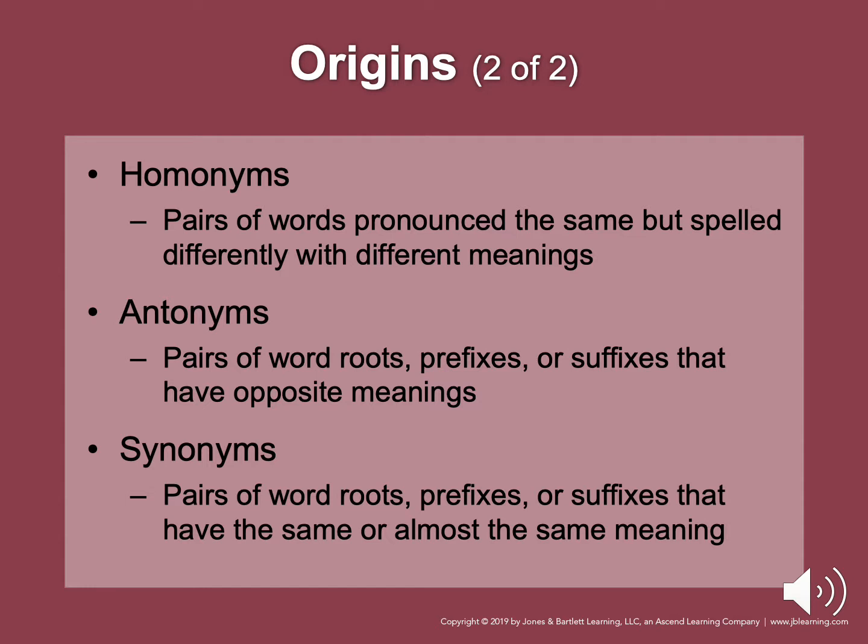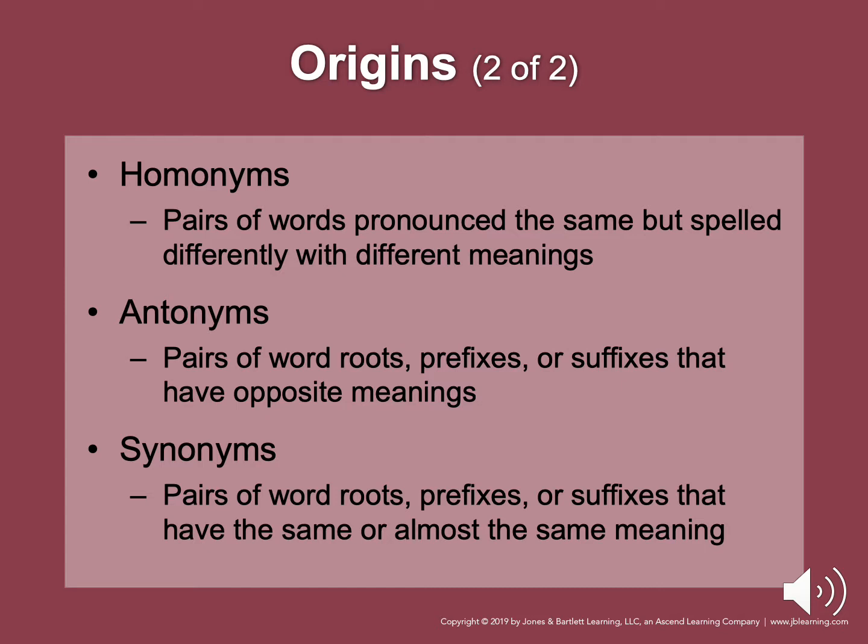Homonyms are a pair of words pronounced the same but spelled differently with different meanings. Example, ileum can be spelled ILEUM or ILIUM, spelled differently, but pretty much mean the same thing. Antonyms are a pair of word roots, prefixes, or suffixes that have opposite meanings.